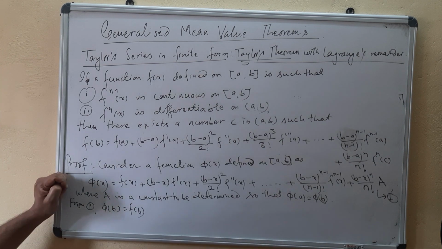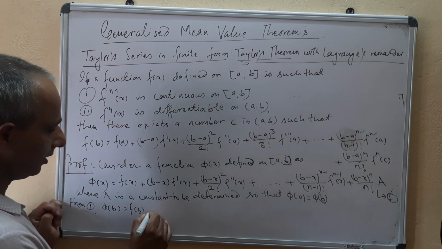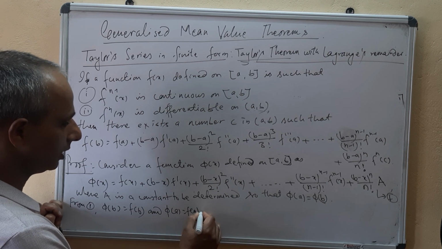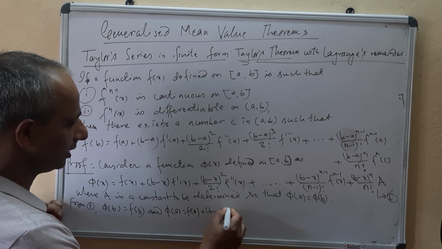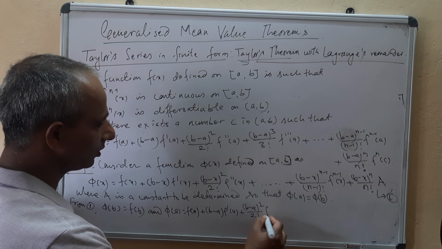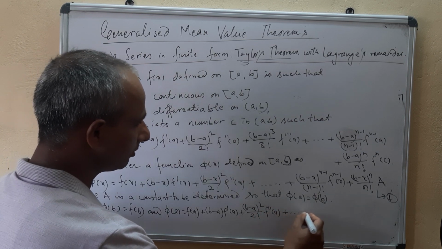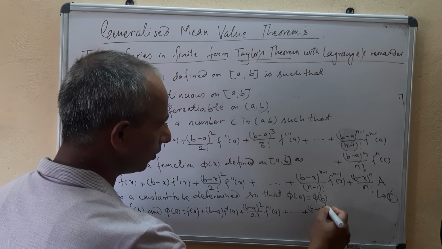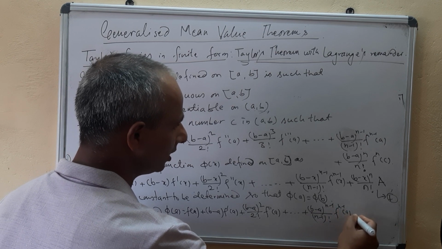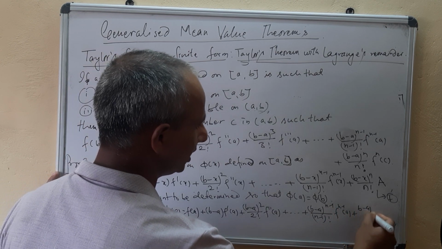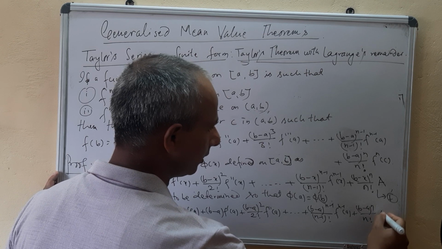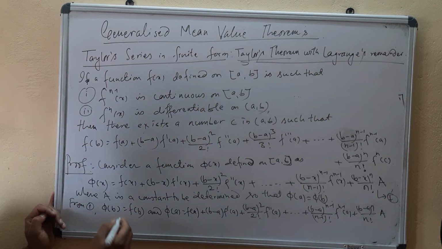And what will be the value of phi(a)? phi(a) will be equal to f(a) plus (b minus a) f'(a) plus (b minus a) whole square by 2 factorial f''(a) plus dot dot plus (b minus a) whole power n minus 1 upon n minus 1 factorial f^(n-1)(a) plus (b minus a) whole power n upon n factorial times A. And now we have to use phi(a) equal to phi(b).